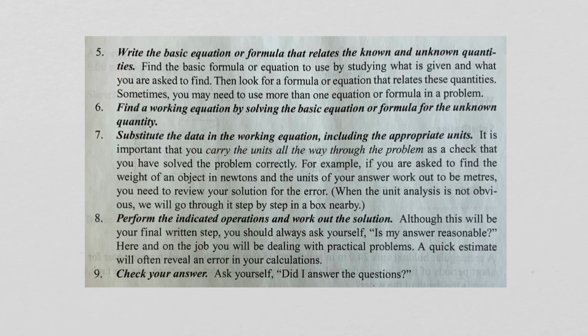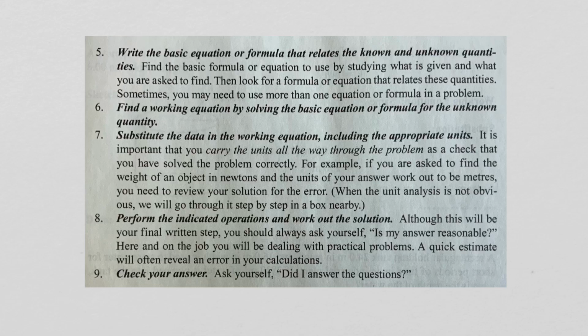And so then look for a formula or equation that relates those quantities. And sometimes, which we will encounter a few times through the semester, you may have to use 2 formulas to solve your problem. One would be to find an unknown quantity that then you will use to find the main unknown quantity in the problem.